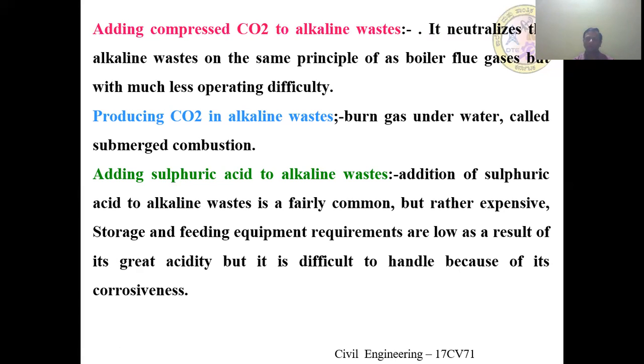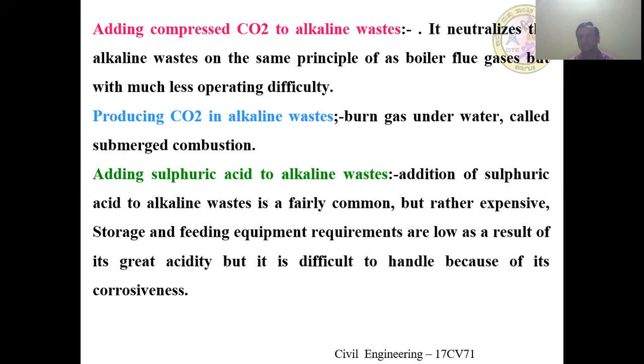In a simpler way, we can say it is going to be neutralized by adding an acid or alkaline waste from any of the industries. So the pollutant problem will be solved for both industries. It's a common solution for both industries.